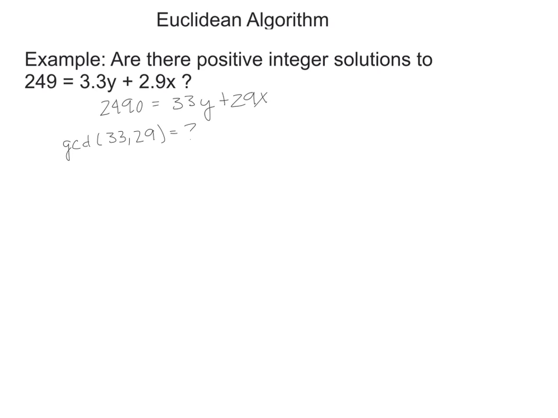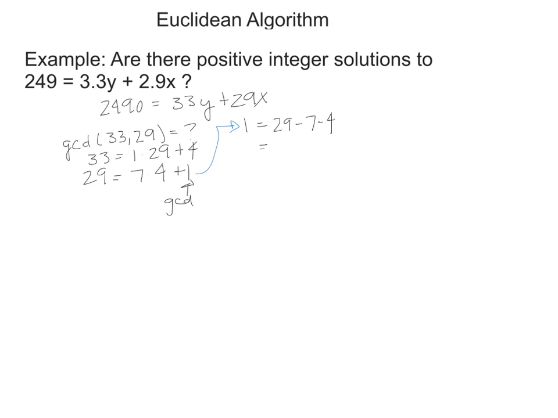So we're going to use our Euclidean algorithm, and we get 33 = 1 times 29 + 4, and 29 = 7 times 4 + 1. So this is our greatest common divisor. And then we work backwards, and we're going to have 1 = 29 - 7 times 4.